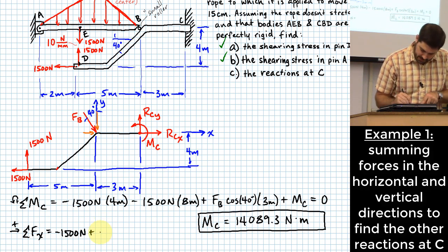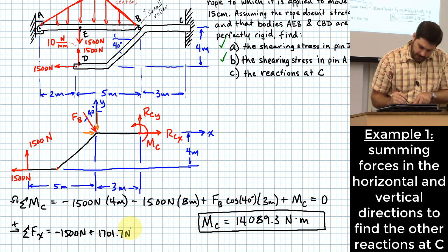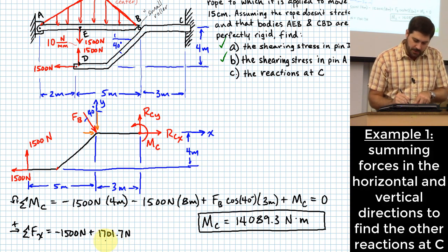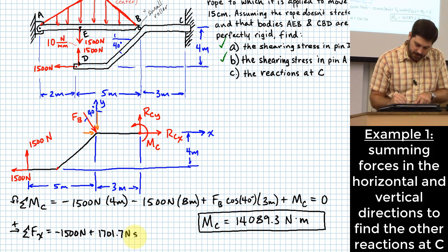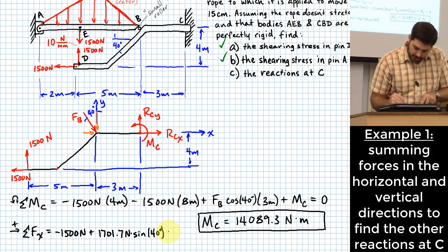Okay, FB again was 1701.7 newtons. But I don't want all of it. I want just the horizontal component. So I'm going to take this and multiply by the sine of 40 degrees. Okay. Plus RCX, and that's going to be equal to 0.